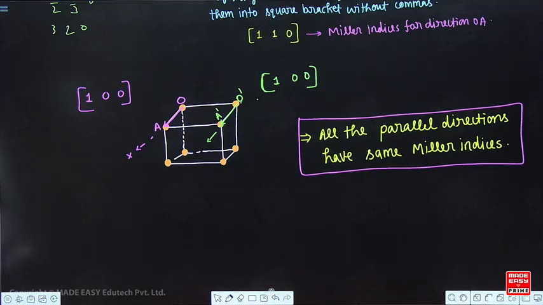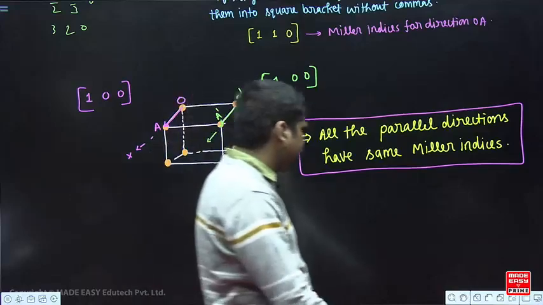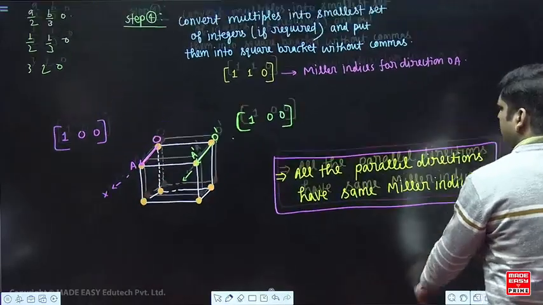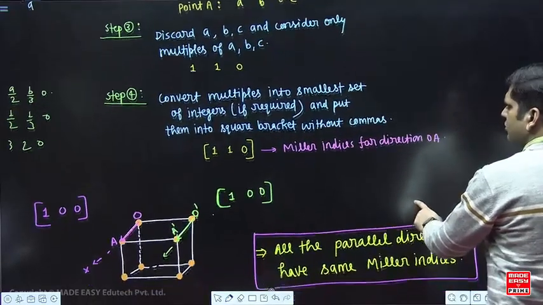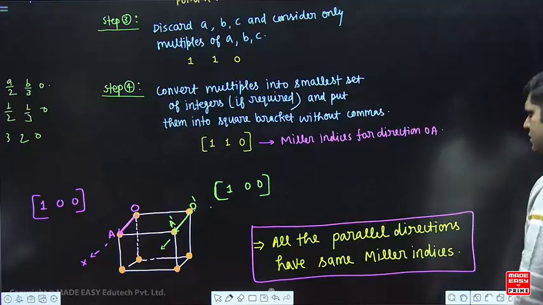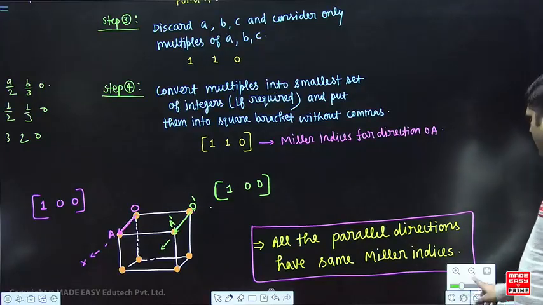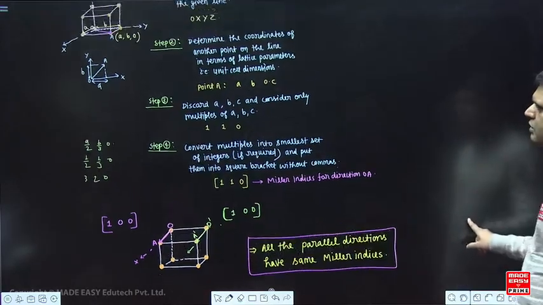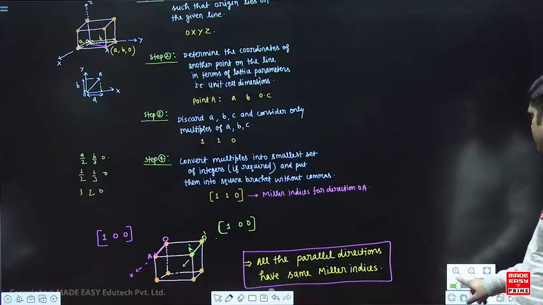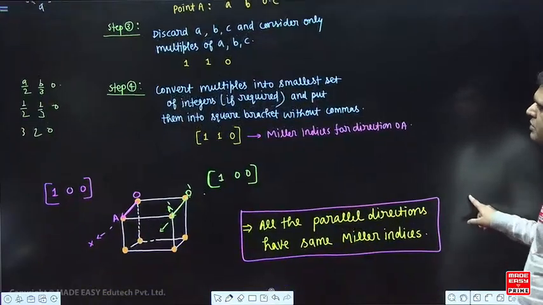Yes, they will give you a direction and ask you to calculate the Miller indices. Although, as I told you, for direction they have never asked till now, still we need to study it, they may ask. I told you Miller indices is nothing but a way to represent the direction in numerical terms.